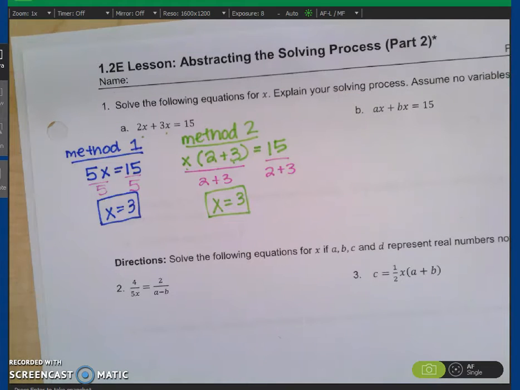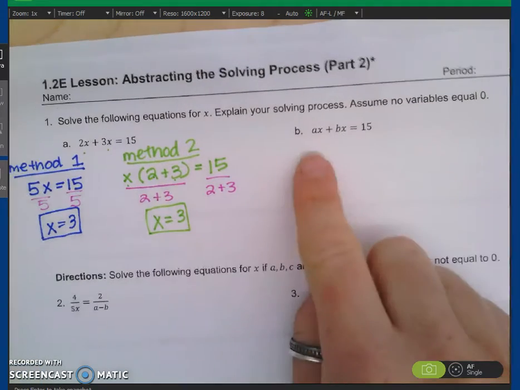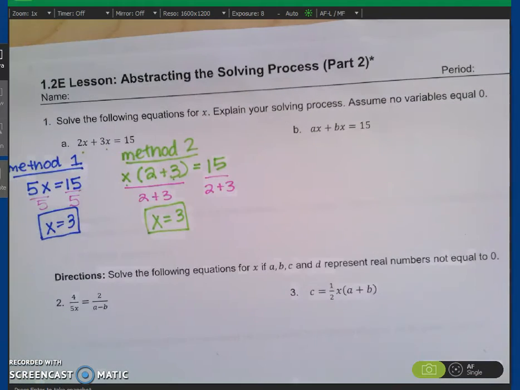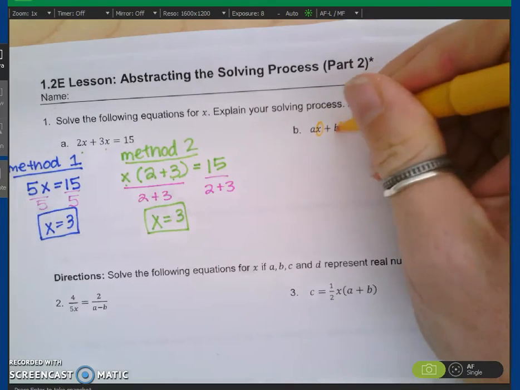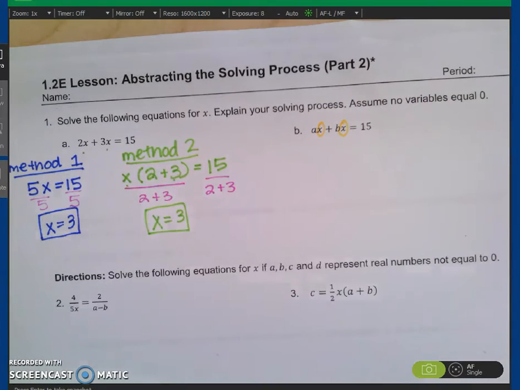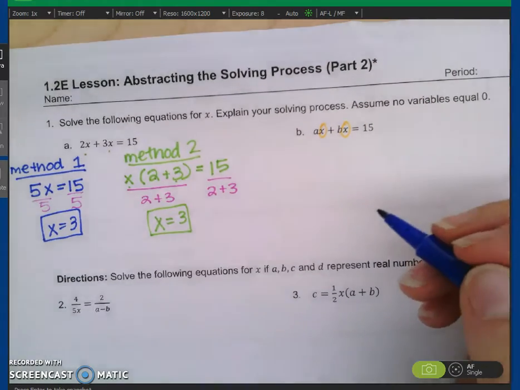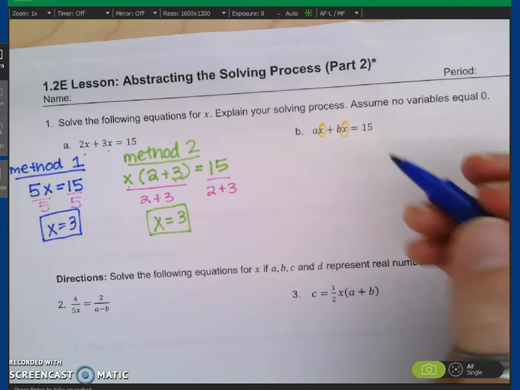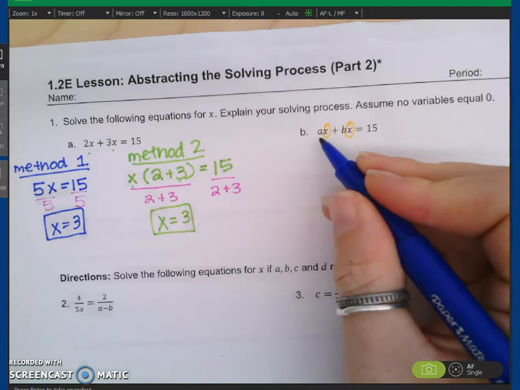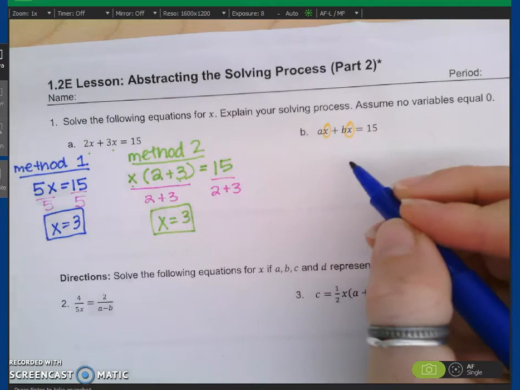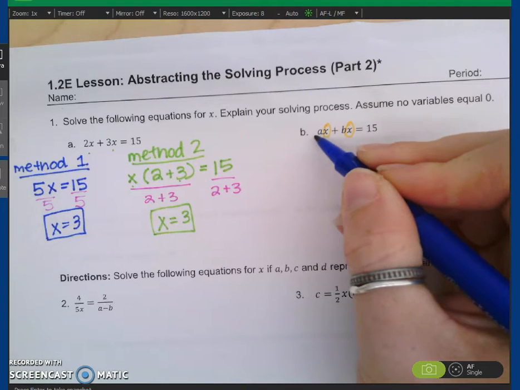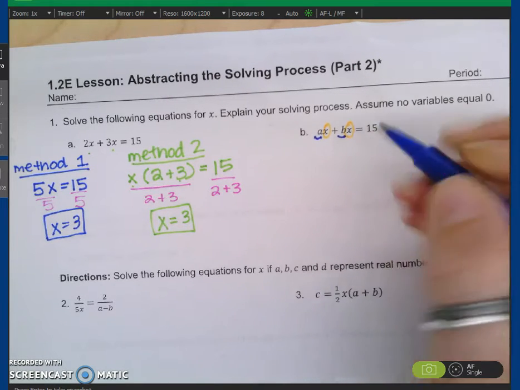So let's take a look at this when we don't have coefficients, but we have variables instead. Remember, we're solving for x, so I'm going to circle what I'm solving for. And if I look at this with method 1, and I combine my like terms, remember when you're combining like terms, you're combining the coefficients and we're adding.